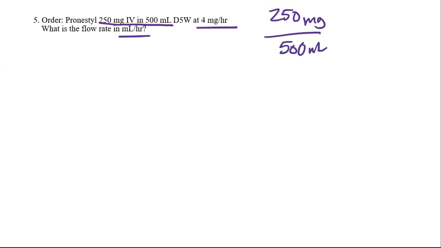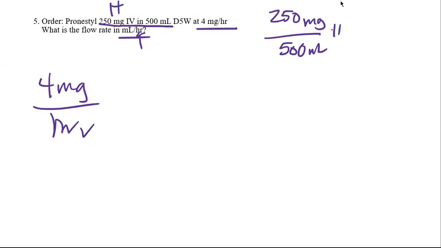We need milligrams, we got milligrams, that's perfect, we don't have to do anything with that. Let's go with the rate, 4 milligrams per hour. We know we want hours, which is good. Here we have our rate, the amount we have, so we have to flip this so that we can get mLs at the top.